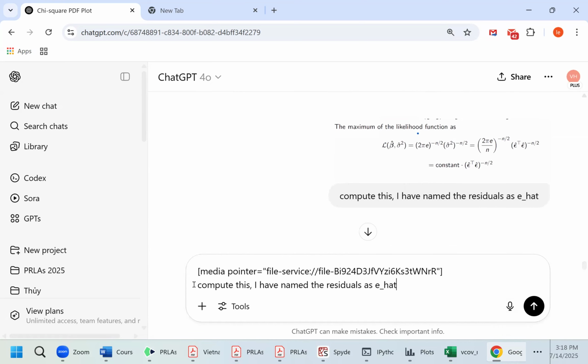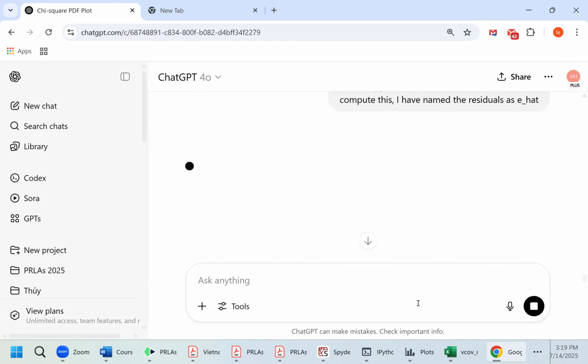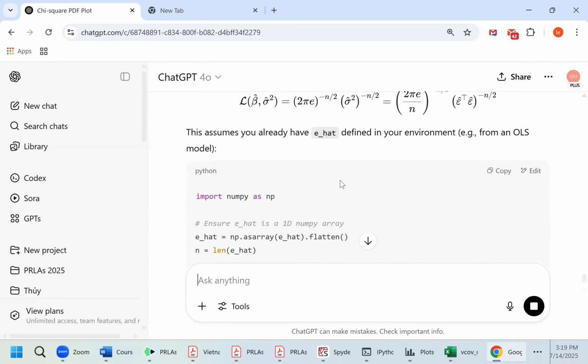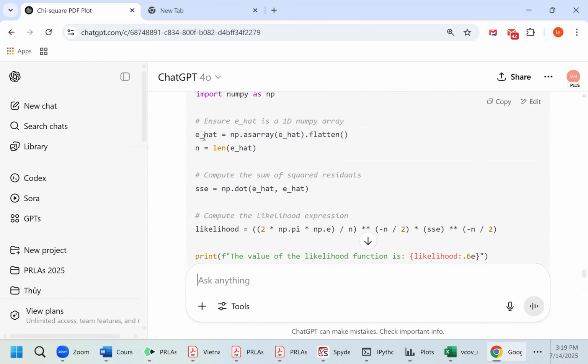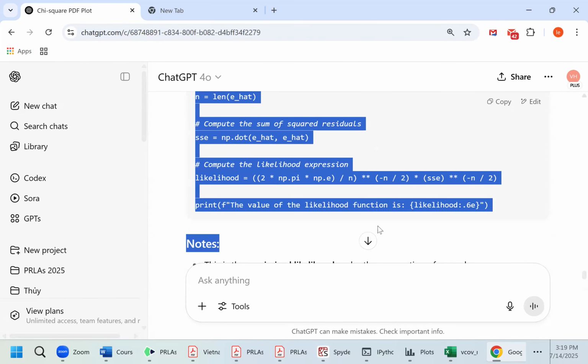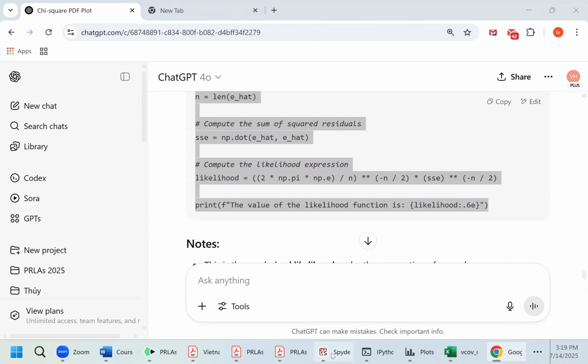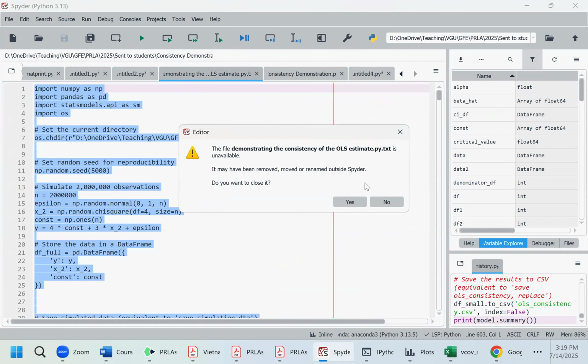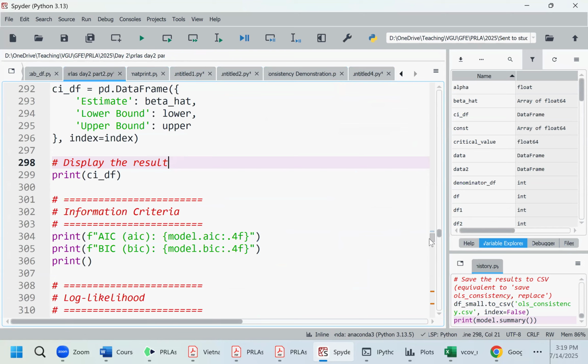Let's say computers give me Python code to... okay, let me put it down here.